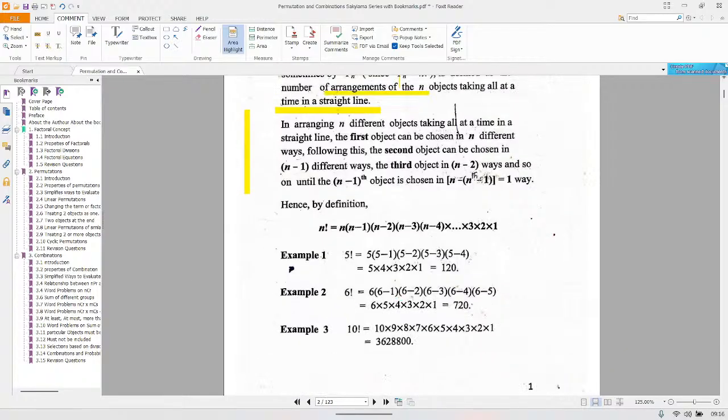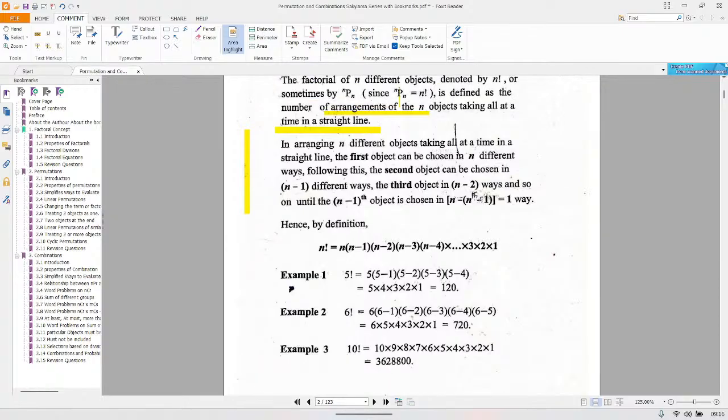So the idea of factorial boils down to this: if there are, for example, 5 objects, and we want the number of arrangements taking 5 objects all at a time in a straight line, you can arrange the first one 5 different ways, the next one 4 different ways, 3 different ways, 2 different ways, until you get the last way.